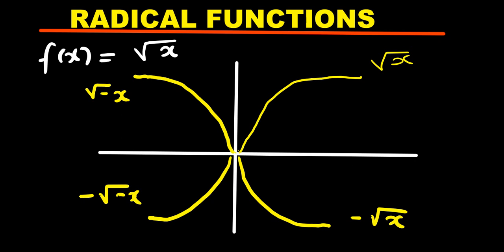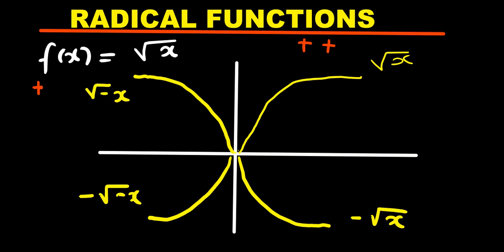Now let me make something very clear. What pattern are you able to see? The value of x here is positive. The value of y is also positive. Look at how the graph is going in the positive direction. Let's look at the other one. The value of y in this region is positive.